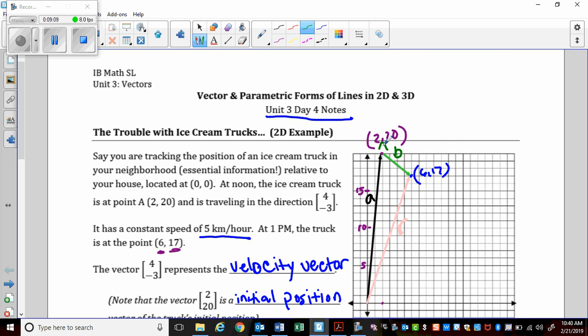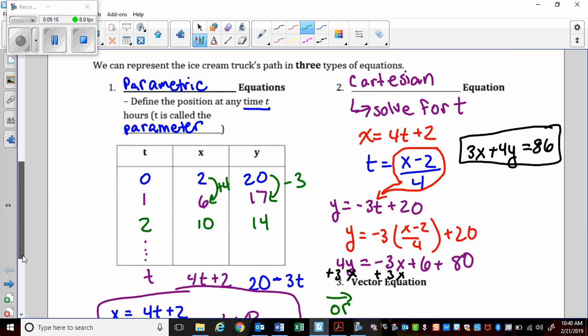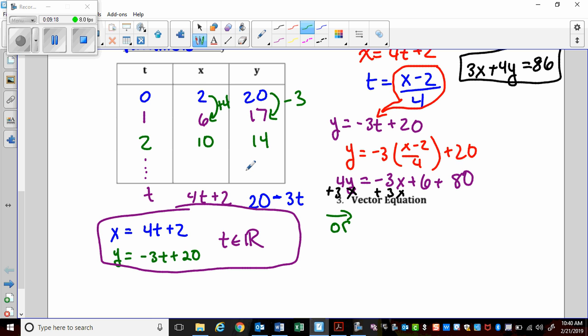Remember, this is A and this is R. Okay, so OR is equal to OA plus AR. OR is any position on the line. Any.